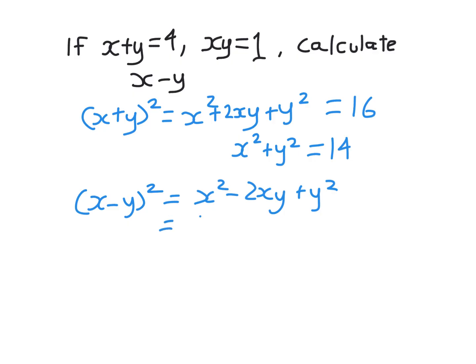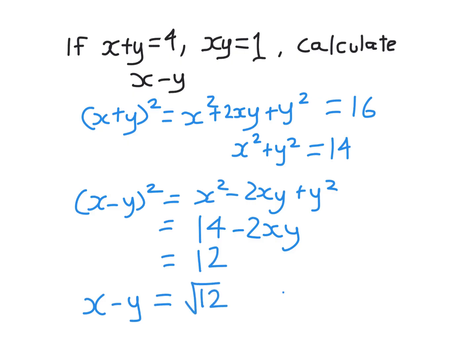So this will be 14 minus 2xy. But xy was 1, so x minus y squared is 14 minus 2 times 1, which is 12. So x minus y is the square root of 12, or x minus y is the negative square root of 12. Either of those values is possible.